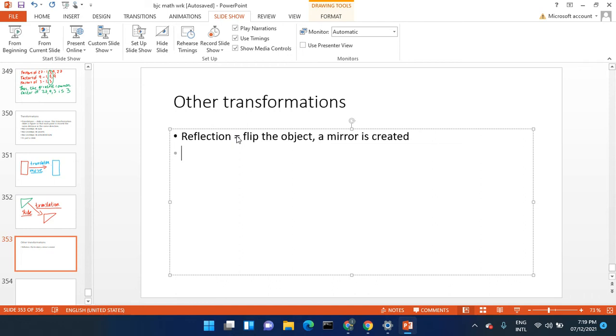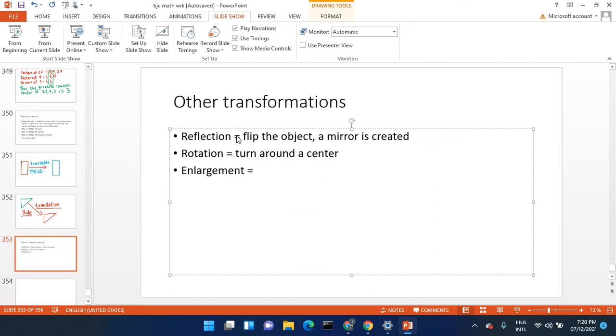Then we have rotation. What do we mean by rotation? You turn based on an angle. You turn around a center, right? Rotation. And then we have enlargement.